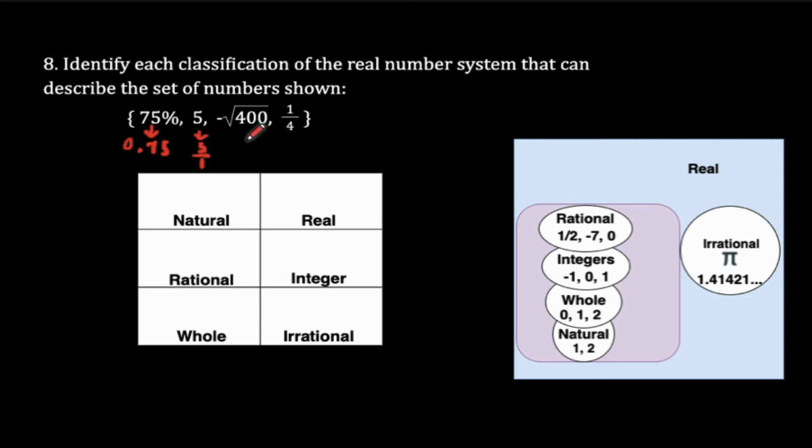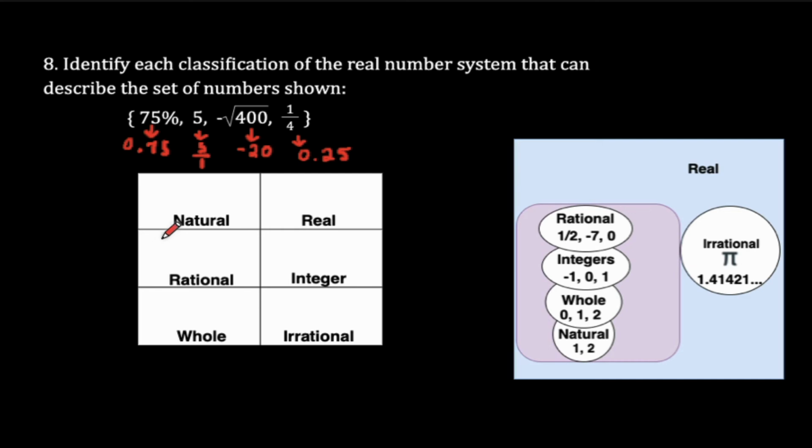We have the negative square root of 400, which when simplified is negative 20. And last but not least, we have 1/4, which is equivalent to 0.25. All right, so simplifying these actually helps us too. So let's take a look.